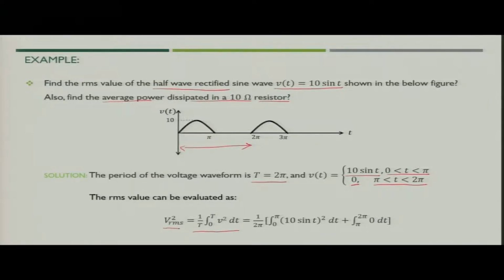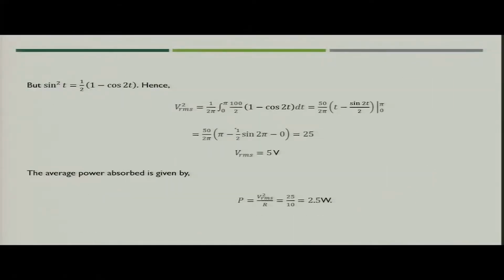So, Vrms square is nothing but 1/T integral from 0 to T of V square dt. You put the value of voltage, that is 10 sin t for 0 to pi and 0 for pi to 2 pi. When you calculate and simplify, you will get the RMS value of voltage as 5 volts.